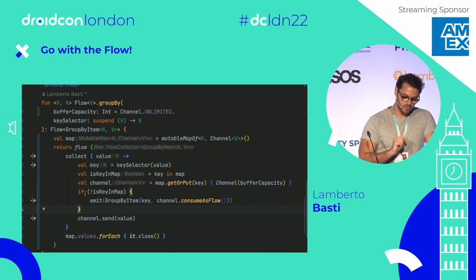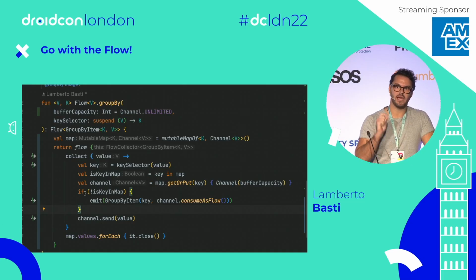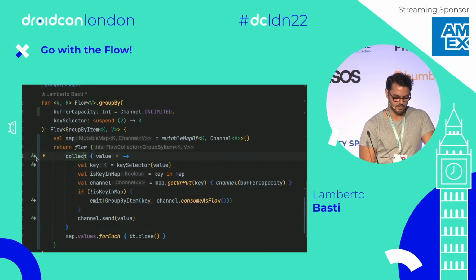Just for the ones who don't know, the point of coroutines having structured concurrency is that the parents can be cancelled. And when it gets cancelled, all the children stop at the next suspension point. How do they stop? By throwing a cancellation exception. So if we cancel here, we go back here, the suspend function is going to throw a cancellation exception, and it's going to stop. And this line here, bye-bye forever.